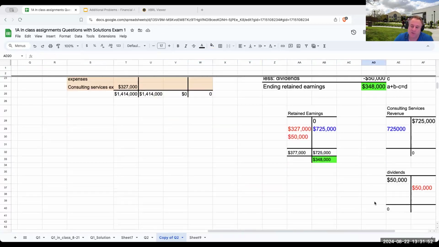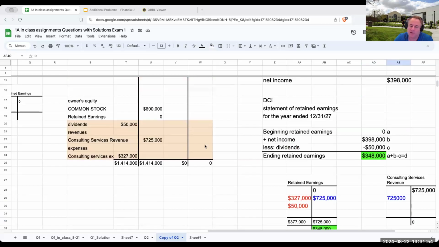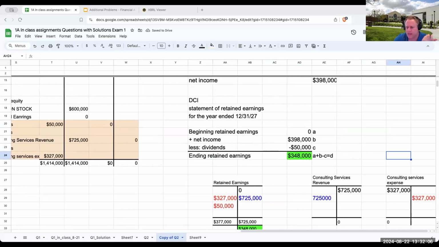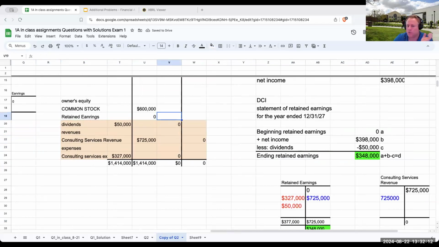Well, after I closed out the account, my balance in dividends is zero. What's my balance in consulting services revenue? Well, I closed it out, so the balance is zero. Well, I closed out my consulting services expense, so what's the new balance? Well, that new balance is zero. If I come up over here to retained earnings, by the way, is the balance still zero?